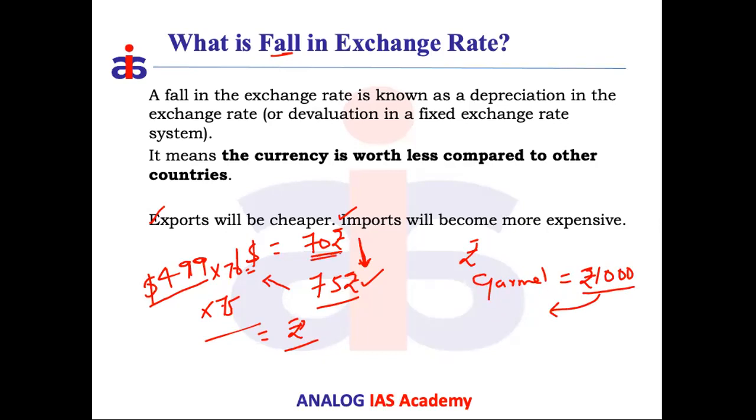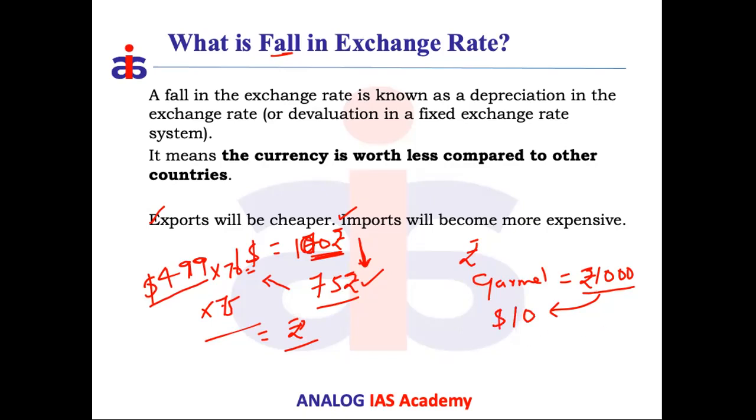So at this exchange rate, if you are converting into dollars, right? Suppose let us understand that the exchange rate is not 70, let us understand it is 100 rupees. Now, as it is 100 rupees, the number of dollars that the US national needs to pay is $10 for the export that we are making.